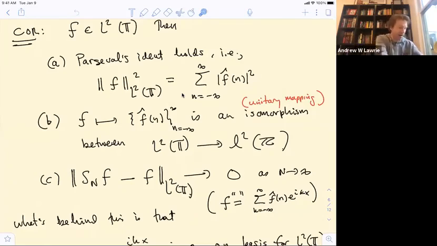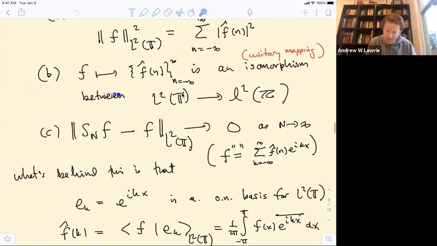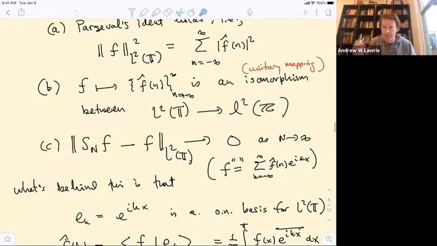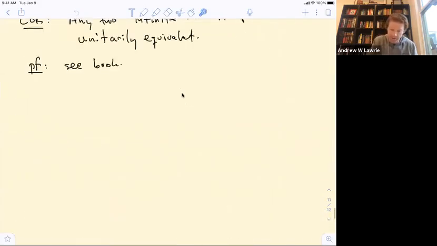The onto-ness of this map. Maybe let me just say a few more words about this, about part B, being an isomorphism. So we want to show that this map is in fact onto, which is what we're missing for the Riemann integrable functions.